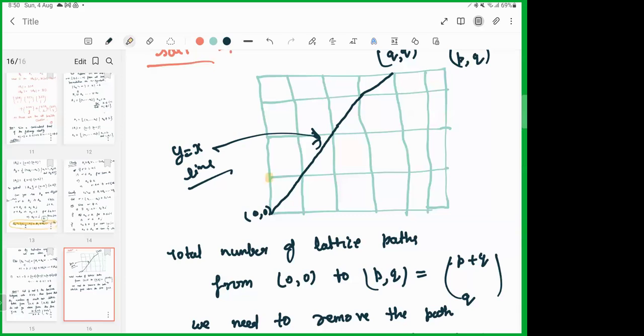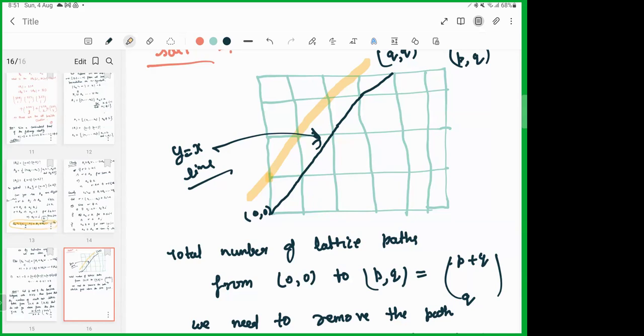Drawing a diagonal from that, we get all the positions where it can cross for the first time. So we need to subtract all the paths that touch these points. So how will you count these paths that touch these points?